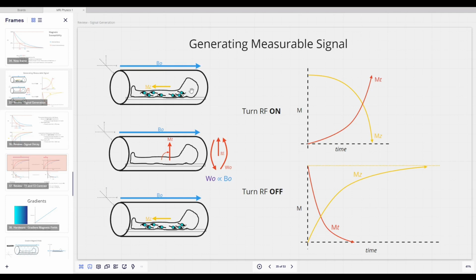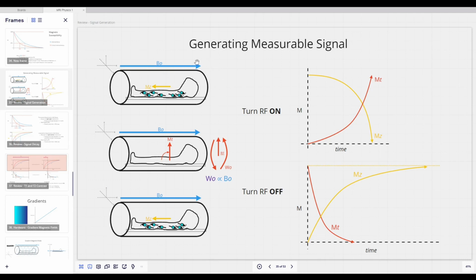But if we slide them into the scanner in the presence of this external magnetic field, all of the protons in their body align in one of 2 directions, parallel or anti-parallel, and in the presence of this field there's a small net majority that align in the anti-parallel direction. We call that our net magnetization vector, or our M sub z, which is just magnetization in the z direction, the longitudinal direction. Basically, we get some net magnetization.